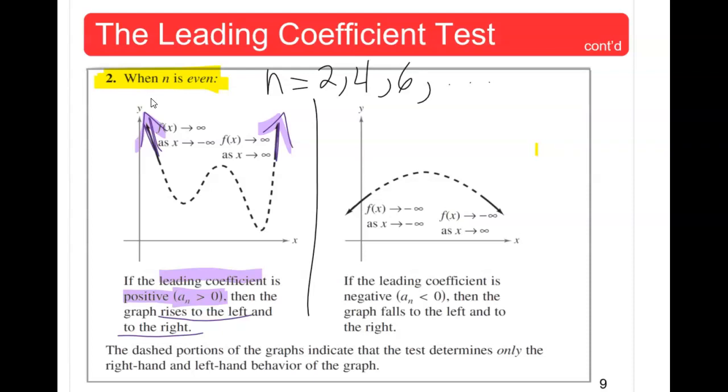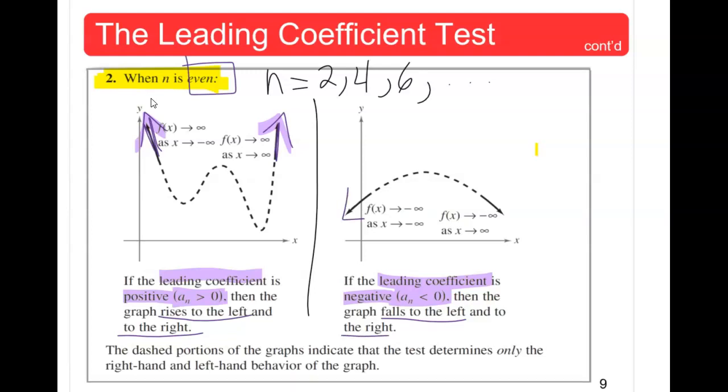Now, when the degree is still even, but the leading coefficient in this case is negative, meaning less than 0, then we know that the graph falls. It falls to the left and to the right.